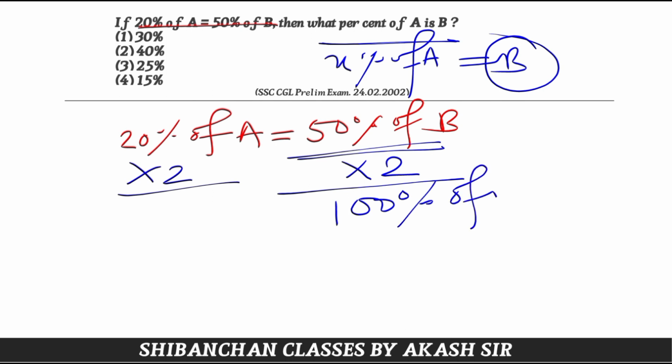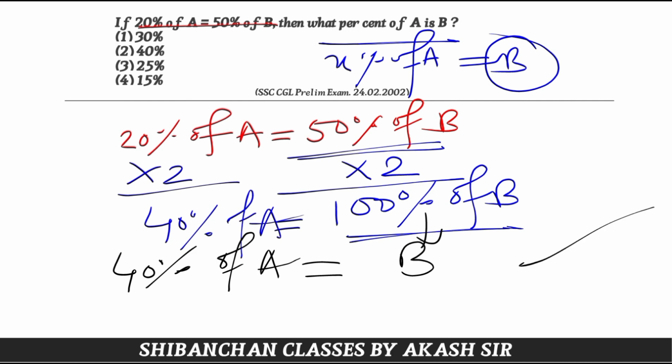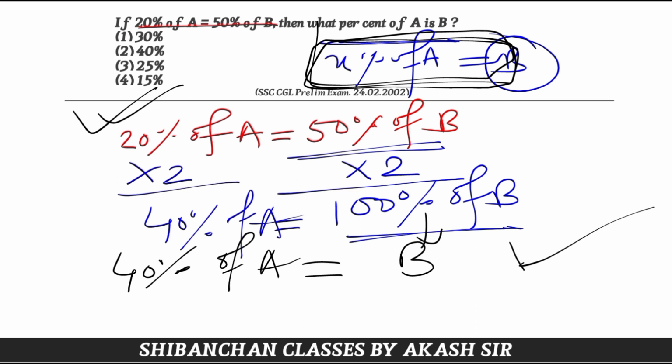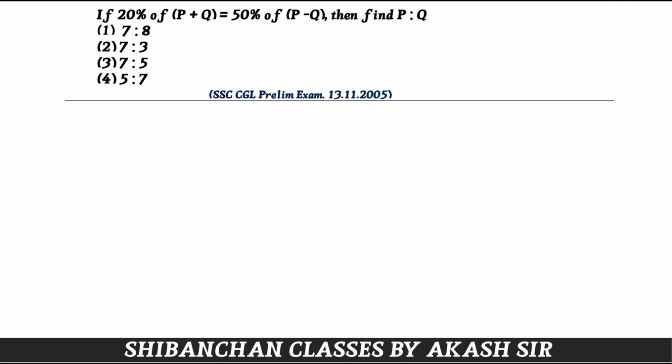Now what we get? 100% of B, and the answer is 40% of A. So B equals 40% of A. What percent? 40% of A. It needs a little bit of understanding. If you try to solve this in the traditional method, it will take time. Try to use this trick which I have shown in this video.